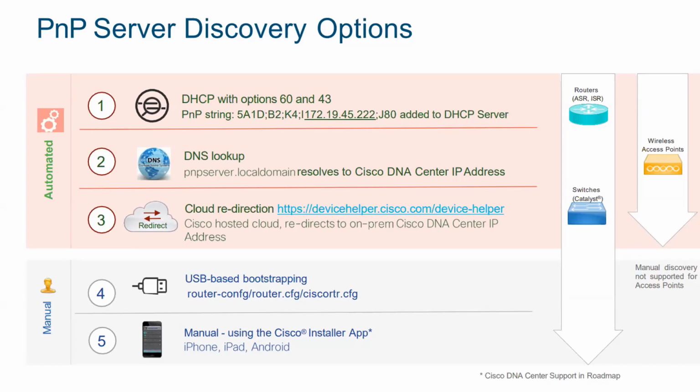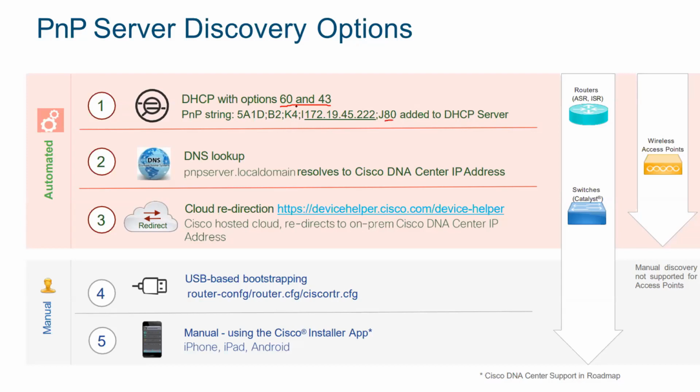There are a bunch of different options for the device to find DNAC, and there is a process. First, if we have DHCP options 60 and 43, the device will get the IP address for DNAC, and it will establish the communication on port 80.